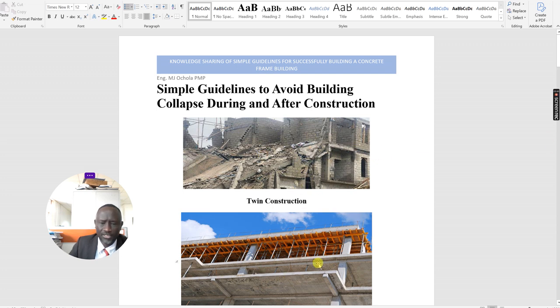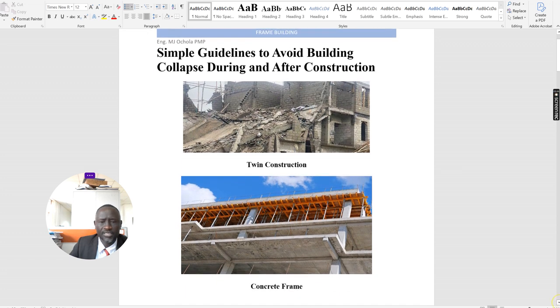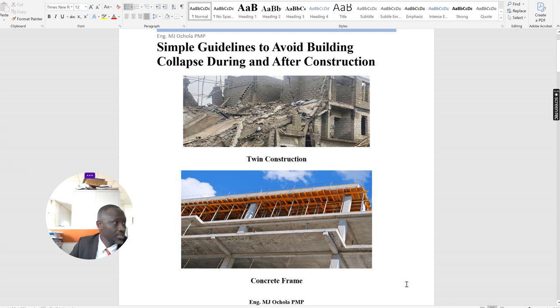But it's important to know, normally we have these two. Then the lower one here is frame construction, where you do your columns, then the beams, then the slabs, and then even the scaffolds are done.